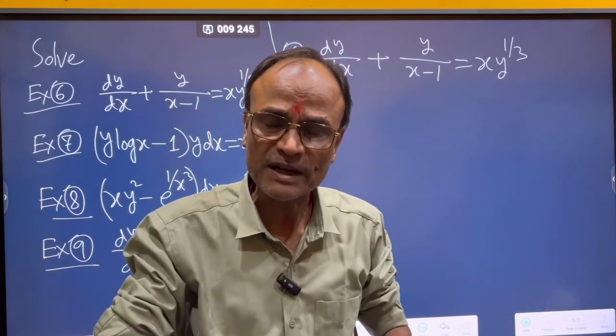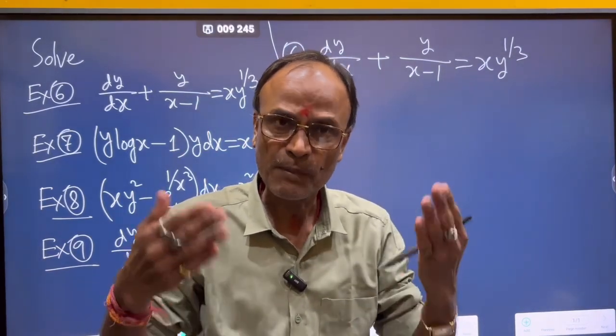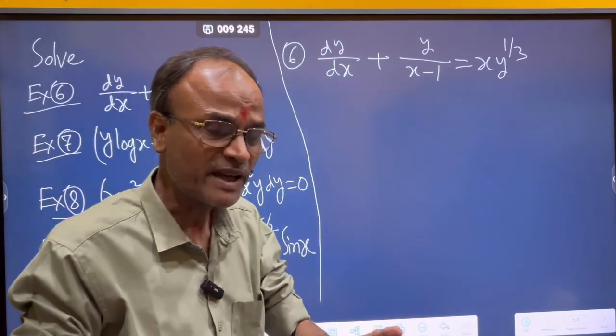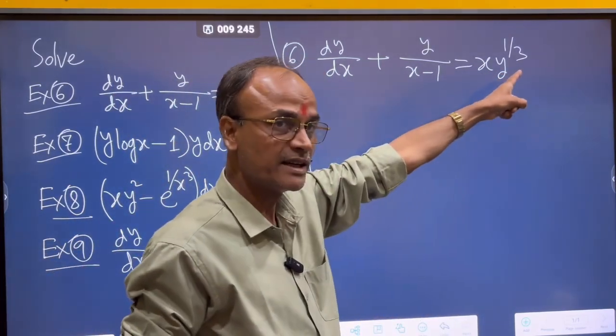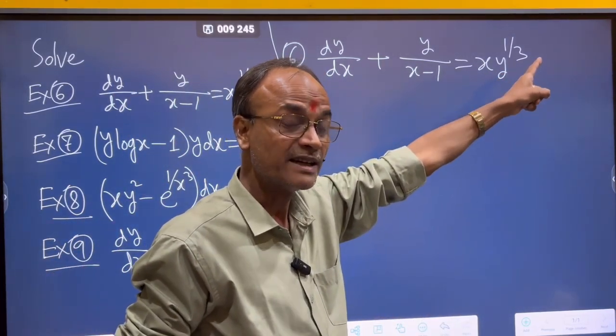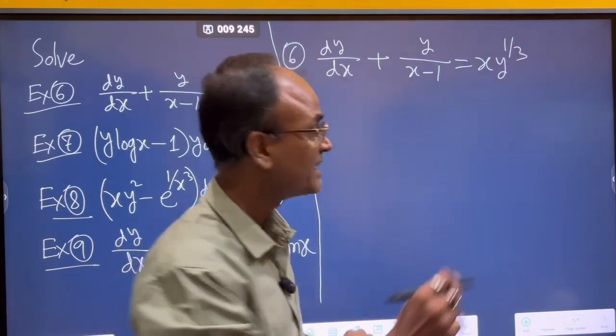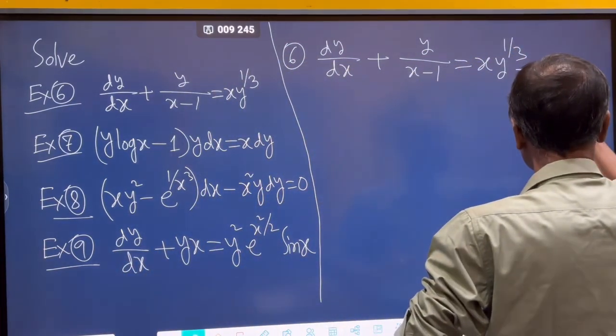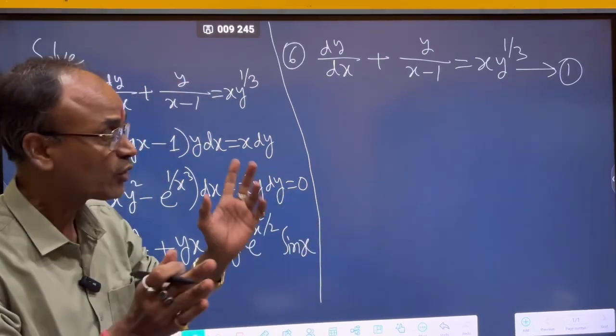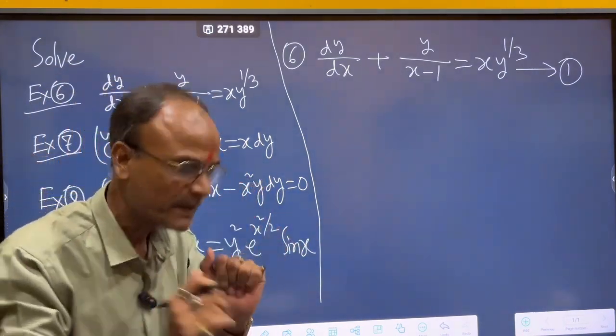To solve a Bernoulli's differential equation, the first step is to divide the differential equation by y to the power n. Here, we divide by y to the power 1 by 3.